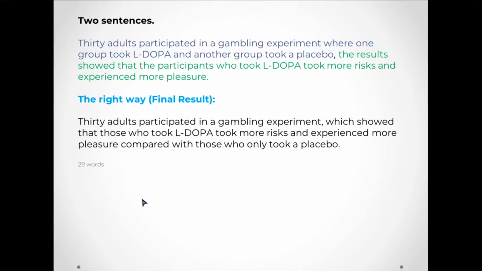Even if it is longer than the other one, I think it gives more information, and we are more comfortable because we know all. We don't have to ask any questions. The result of that gambling showed that those who took L-DOPA took more risk and experienced it. It's my point of view. I don't know exactly.